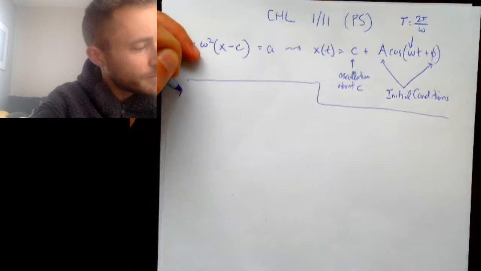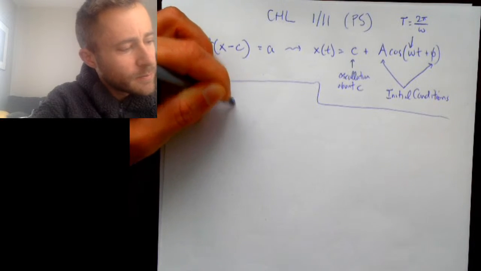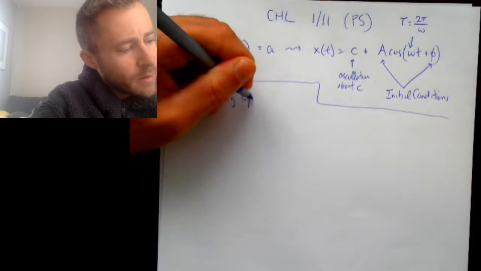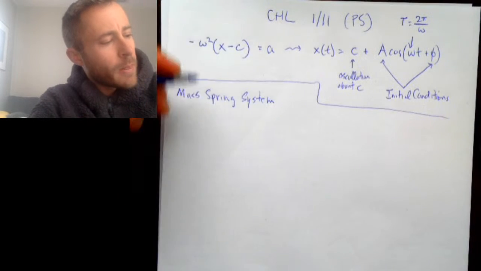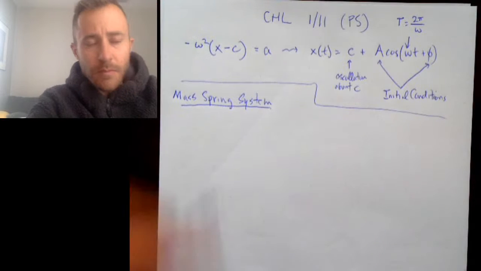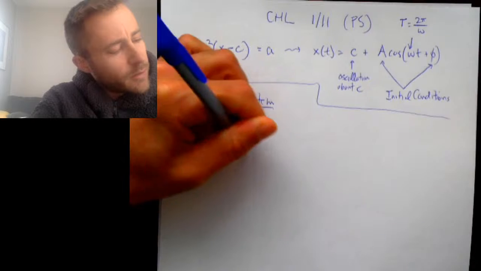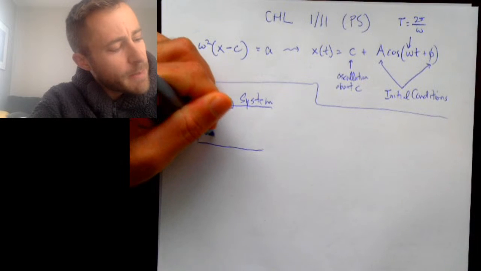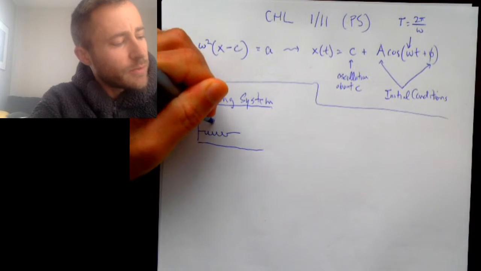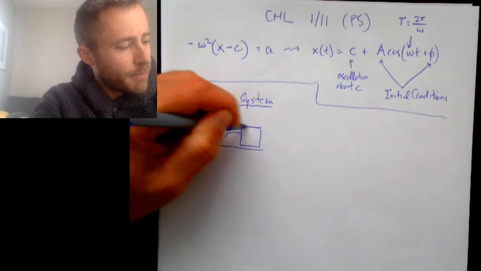So let me just remind you about the mass spring system. We've got a spring. The spring has a stiffness k, and it's attached to a mass m.